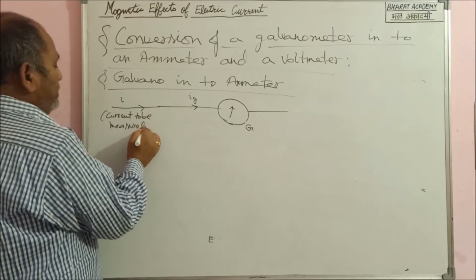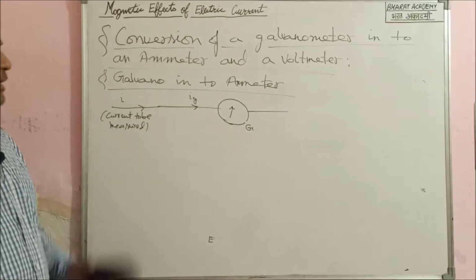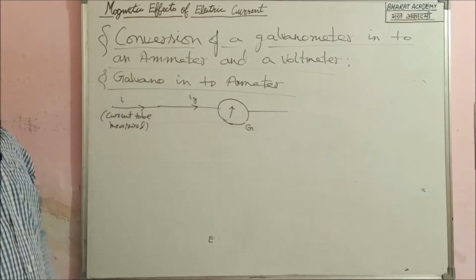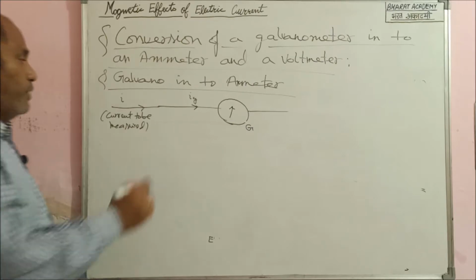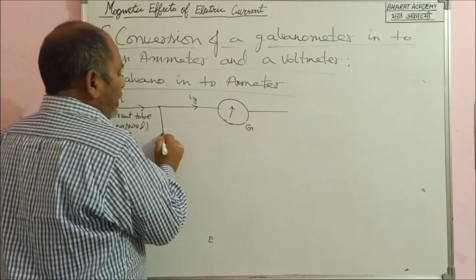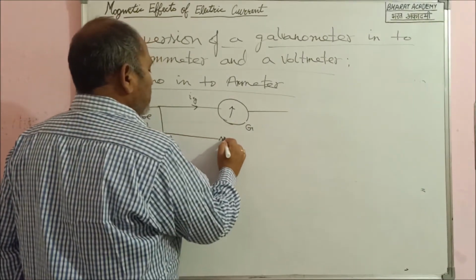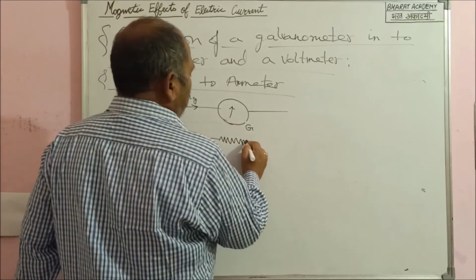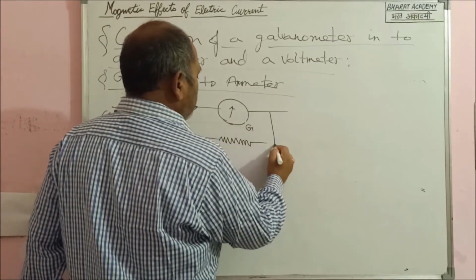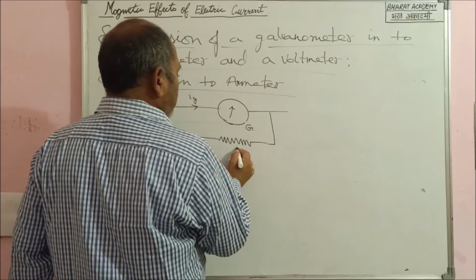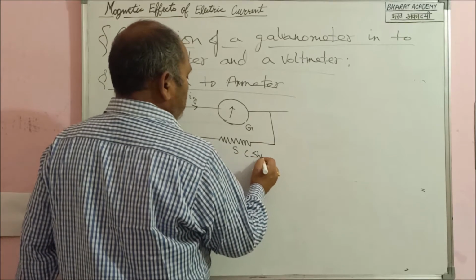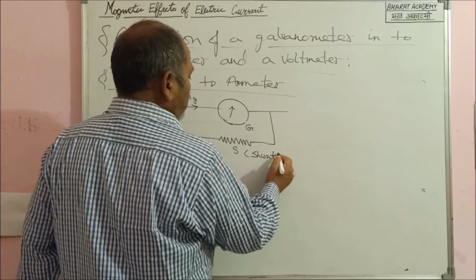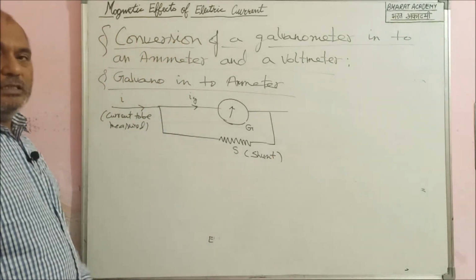If I allow this I to pass through the galvano, it will simply break down or may burn. So what we do, we apply a small value resistance in parallel combination with the galvano, represented by S and popularly known as shunt. This resistance is known as shunt.